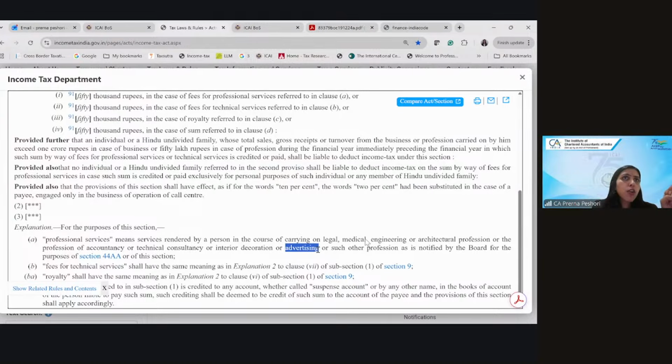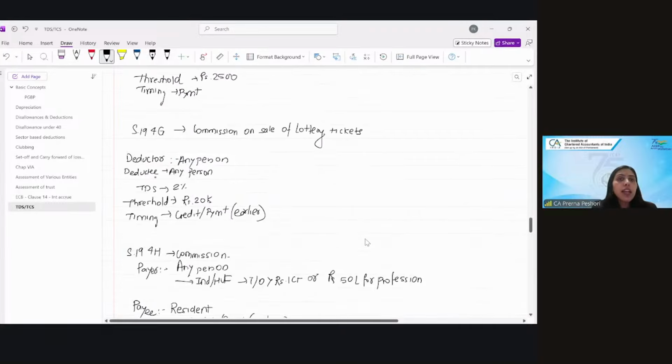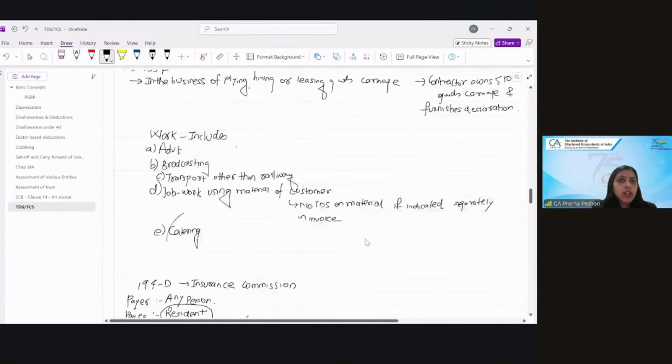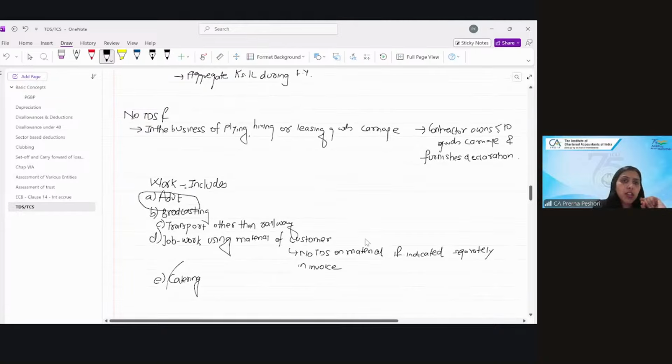Under works contract also, 194C includes advertisement. So whether 2% will be applicable under 194C or 10% will apply under 194J. What will happen?